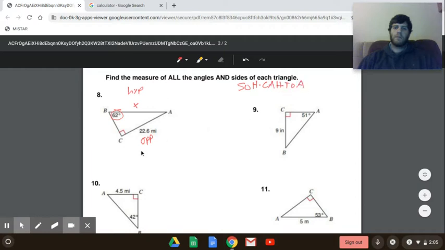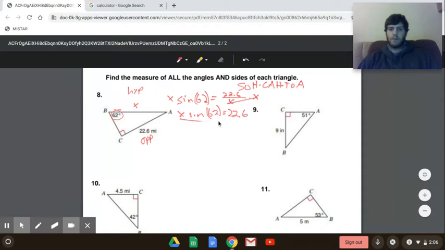So if we're using our SOHCAHTOA, we're going to use sine because it's opposite and hypotenuse. So sine of 62 equals opposite over hypotenuse. Opposite is 22.6, hypotenuse is x. And then we simply solve for x. You multiply x on both sides, and you get x sine 62 equals 22.6.